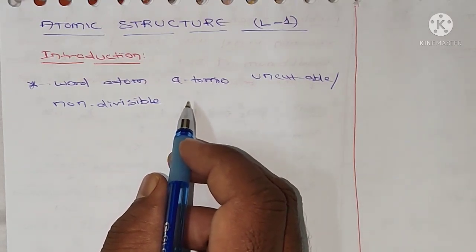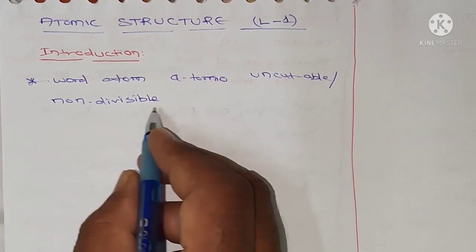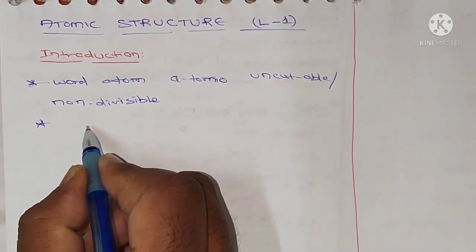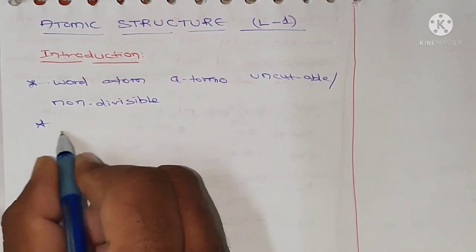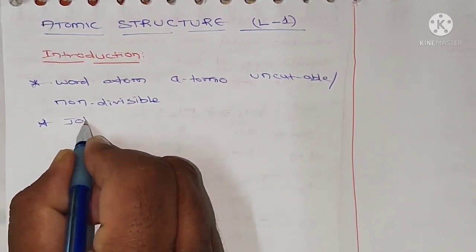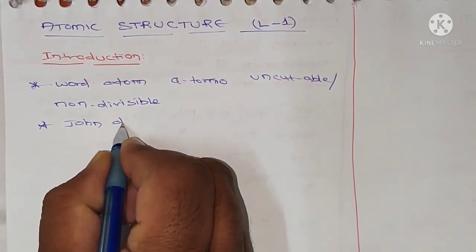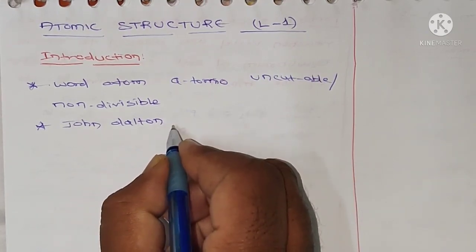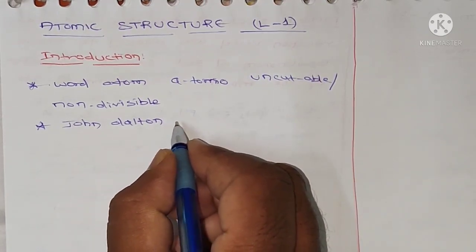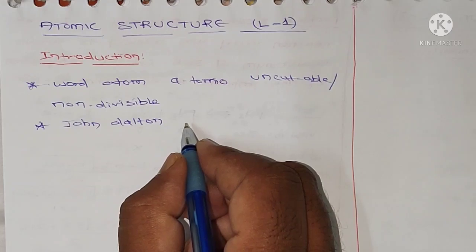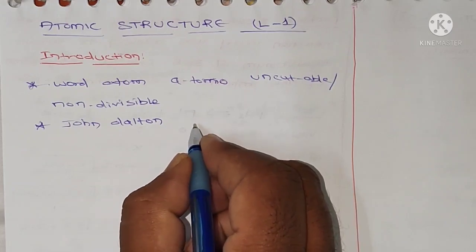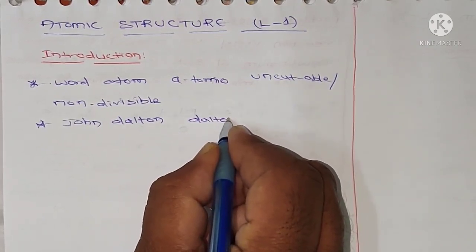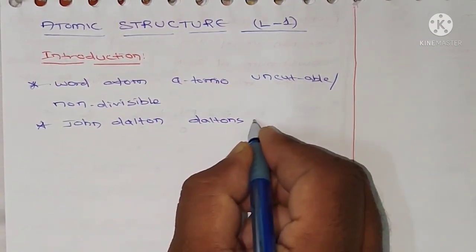It is an ultimate particle, and the atomic theory of matter was first proposed by John Dalton, a British school teacher, and his theory is called Dalton's atomic theory.